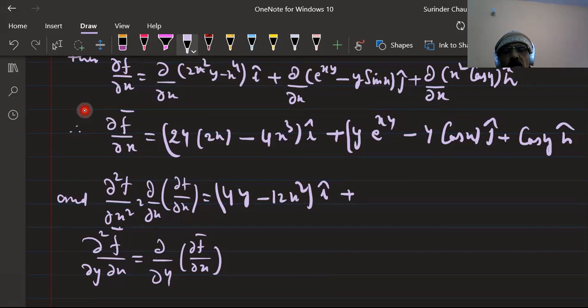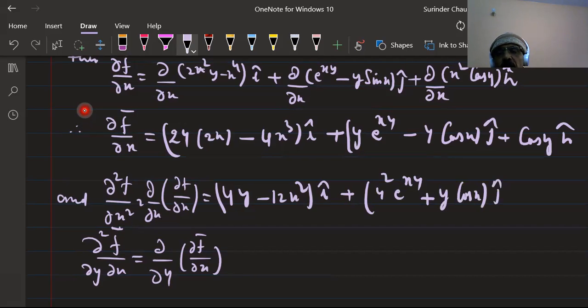Similarly, differentiate this with respect to x: y is constant, e to the power xy, and the coefficient, the differential of xy is y, so this is y squared e to the power xy, minus, the derivative of cos x with respect to x is minus sin x, so plus y sin x j. And the differential of 2x cos y with respect to x will be 2 cos y k.